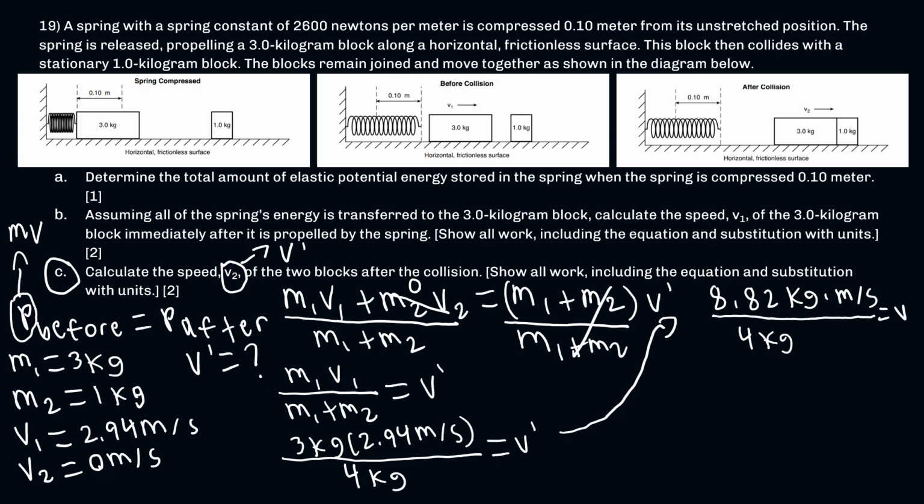That is equal to V prime, or my velocity after the collision. So now just divide these two numbers, 8.82 over 4 kilograms is going to be 2.21 meters per second.